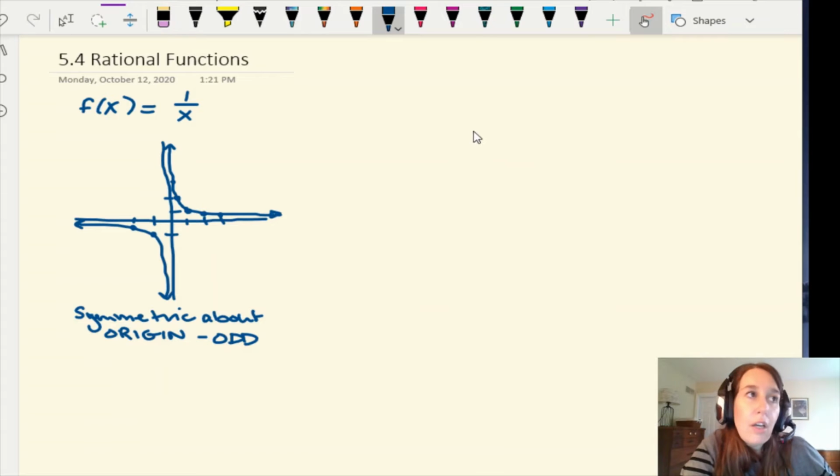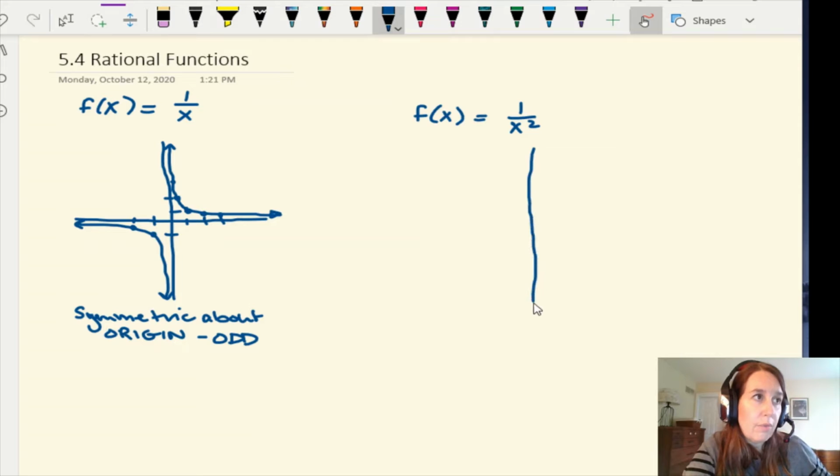Another very common rational function that you will see is 1 over x squared. I wouldn't so much call this a parent function, but I think it is nice to look at it and see what it looks like. So if we put in 1, we get 1 over 1.